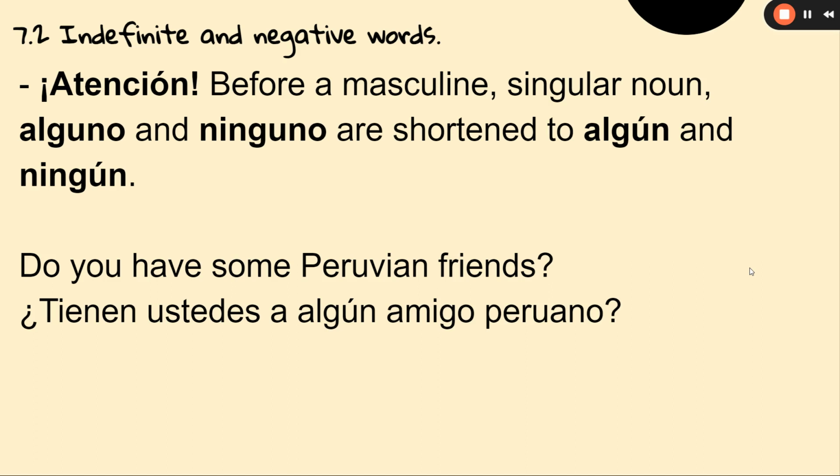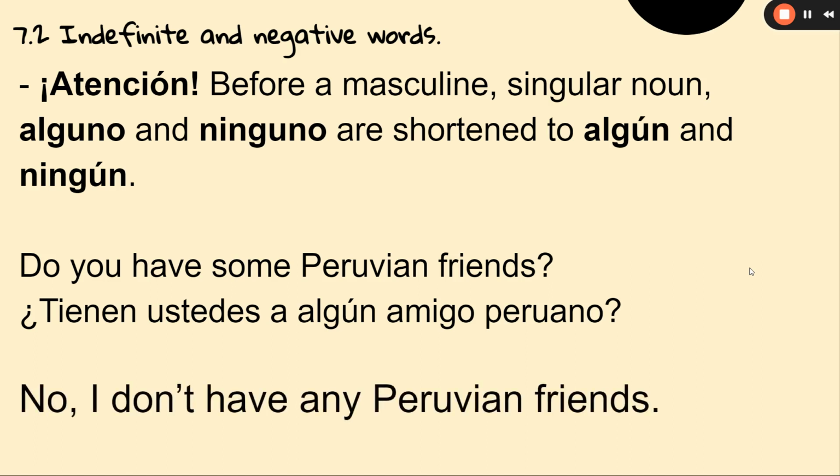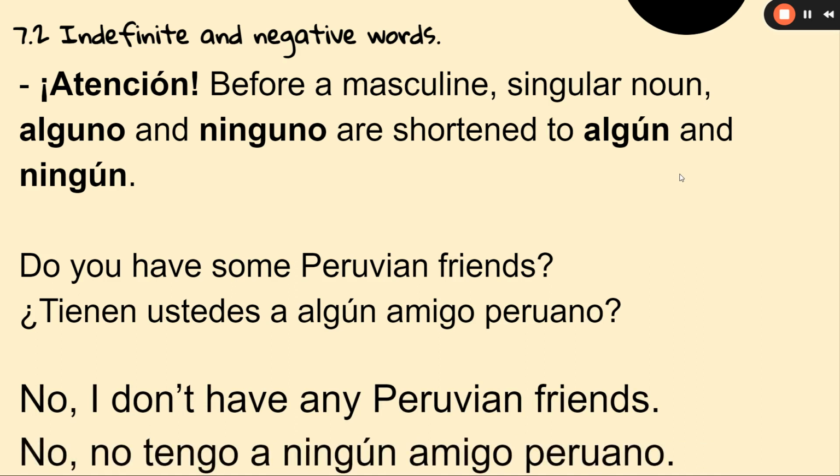Because algún is in front of a masculine singular noun, that's why it's algún and not alguno. No, I don't have any Peruvian friends. No, no tengo a ningún amigo peruano. So the ninguno changes to ningún because it's in front of amigo.